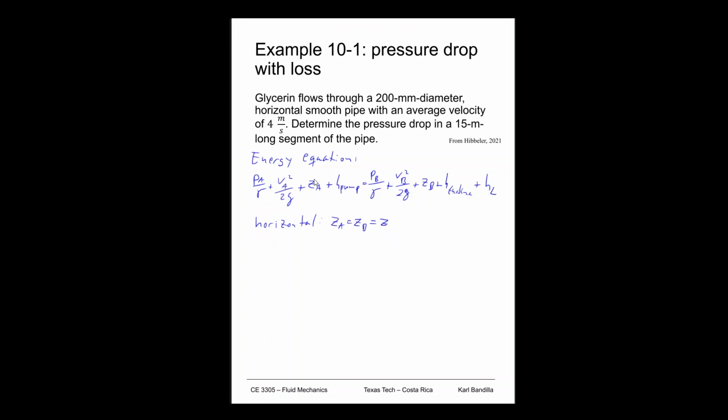They're going to cancel out if they're the same. We know that this pipe has a constant diameter, which means that V_A is equal to V_B, equal to 4 meters per second.